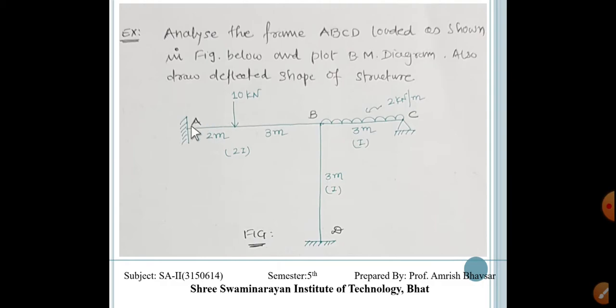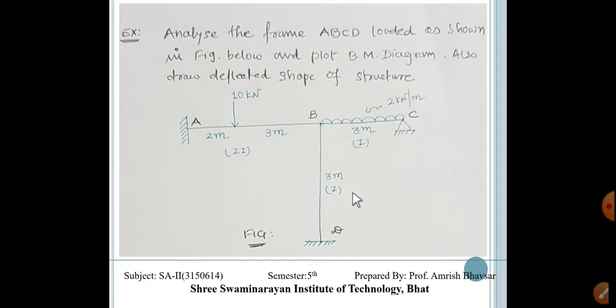On span AB we have a point load of 10 kilonewton having 2I. On span BC there is a UDL of 2 kilonewton per meter having I, and on BD there is no load on the span and it is 3 meter having I.